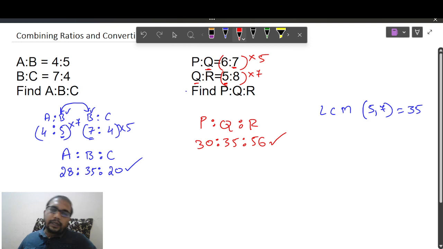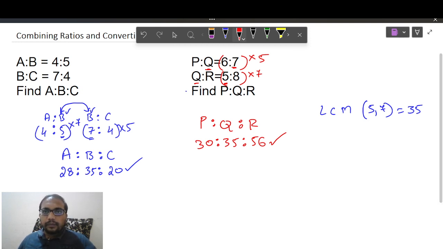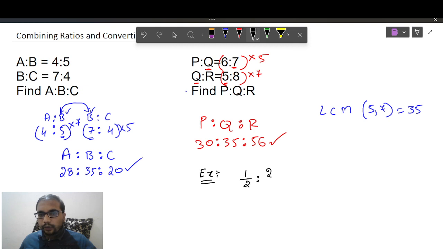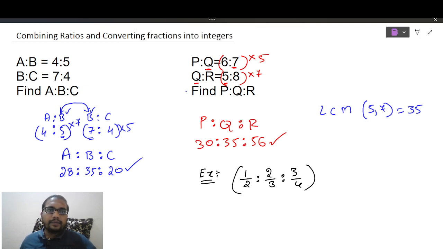And one more thing I want to say here. For example, this type of ratio terms is given in your question. That means fractions are given.